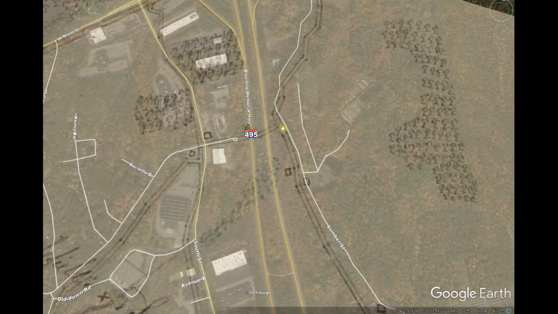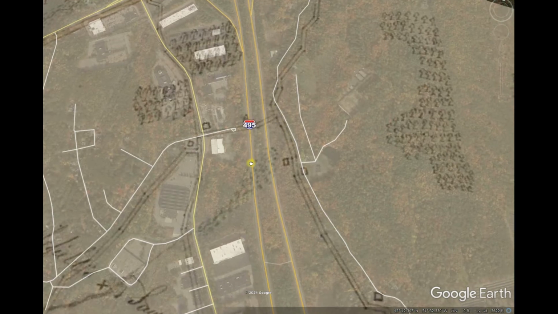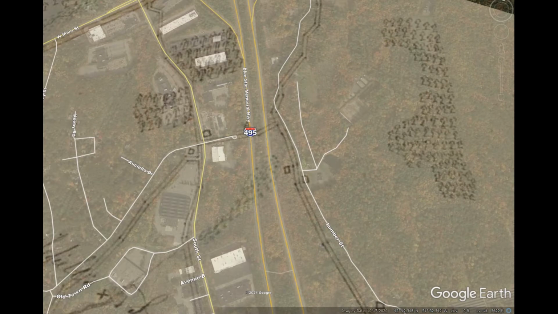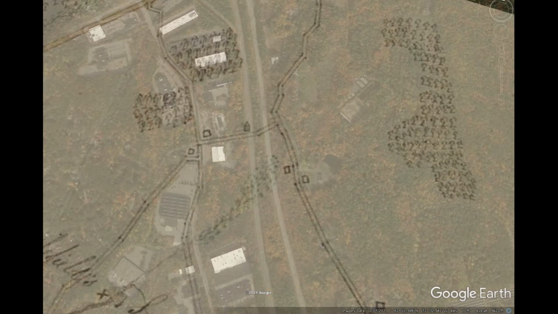And this right here is, if the 495 wasn't blocking it out, a schoolhouse. And this was the schoolhouse that all of the people down in the south end of Hopkinton here would have attended. And now, as you can see, it's basically in the southbound lane of 495.